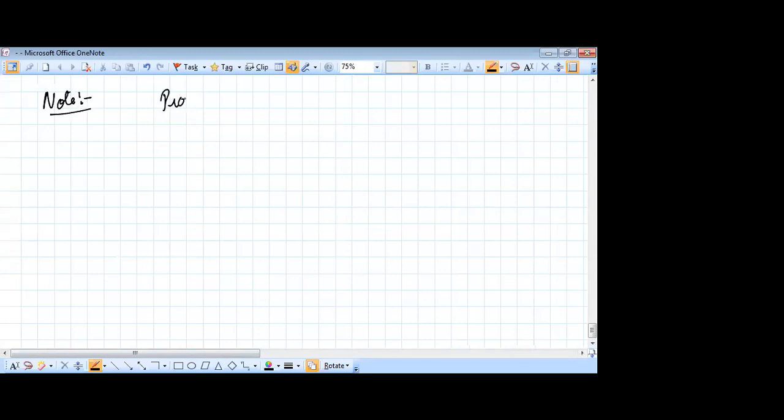Some properties of dot product. So the formula being AB cos theta.